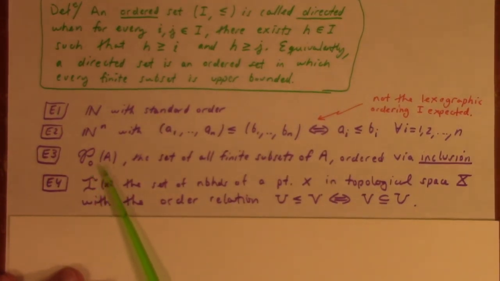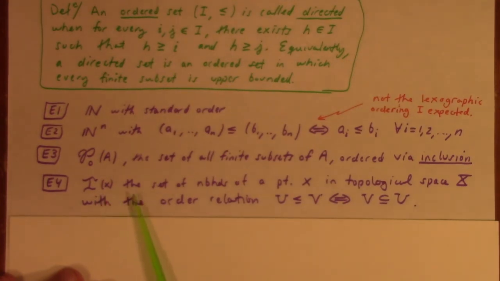You can also take the set of finite subsets of a set A, ordered via inclusion. That gives you a directed set. And this is not a vain speculation here. This is not a 'oh, look at me, I'm a cute example that I don't come back to.' He does deep things in the proof with this construction, which I will not cover.